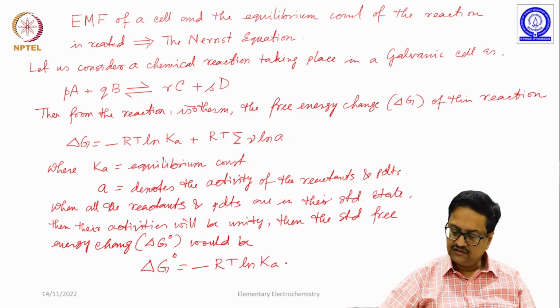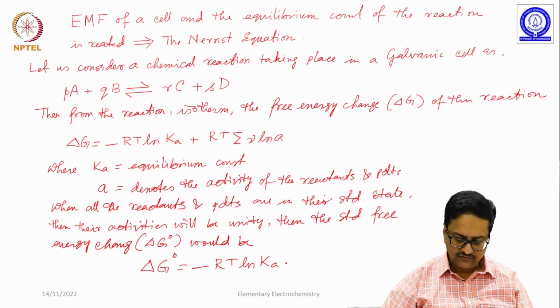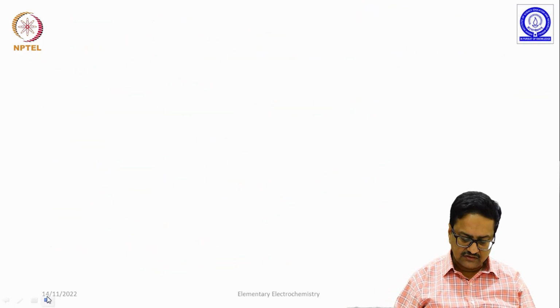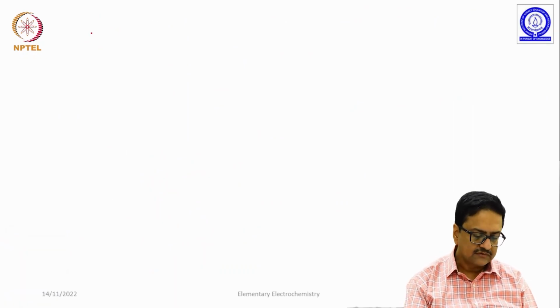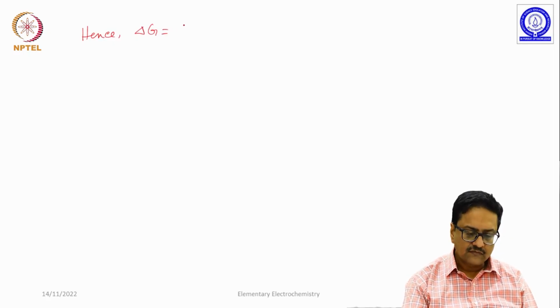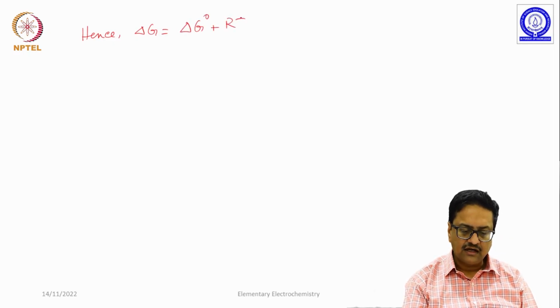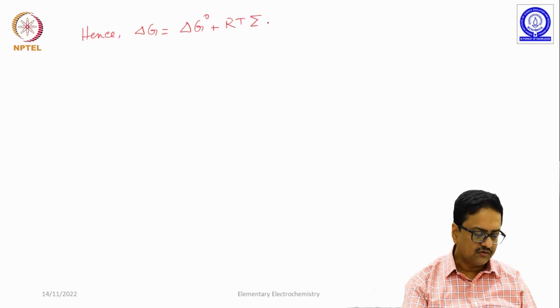So then the equation for delta G can be written as delta G0 plus RT sum over nu ln a.